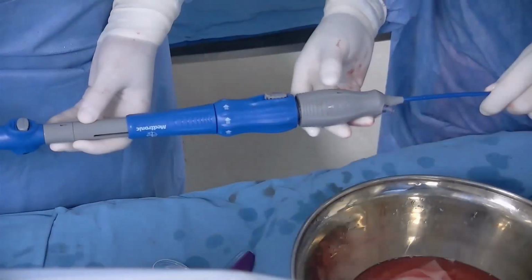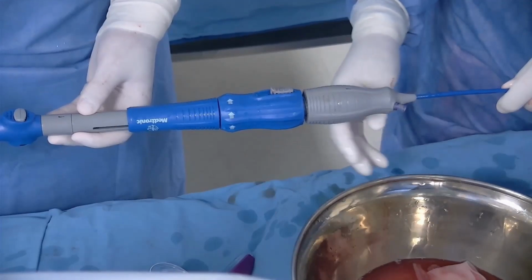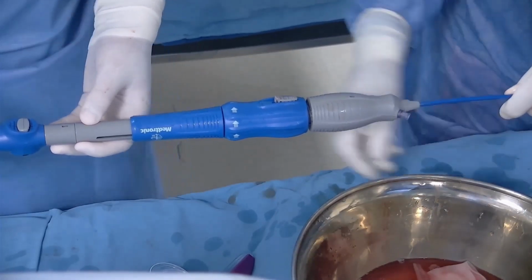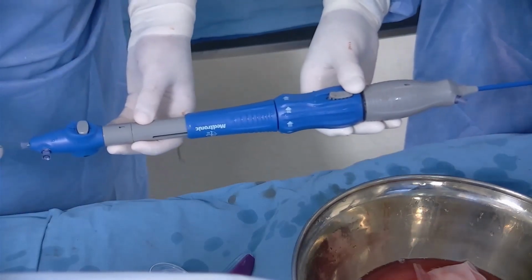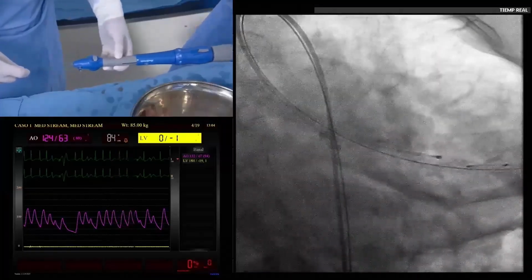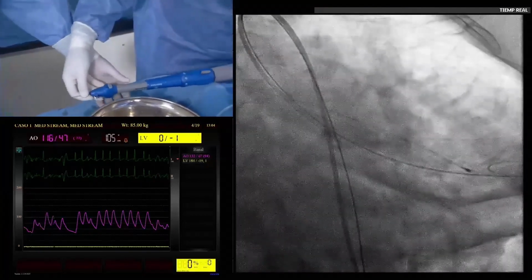So in this position, in about 80% of the cases, as Professor Tang told to everybody, we can reach a perfect commissural alignment. So Franco is holding the wire, but don't pull it too much. Sí. Déjala venir un poco. And we are introducing the valve.